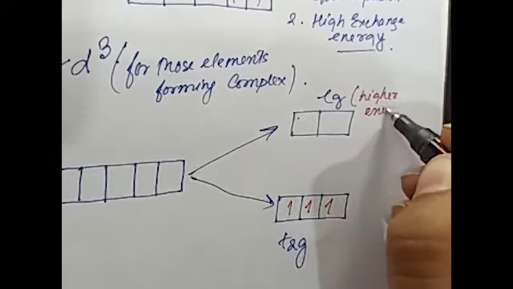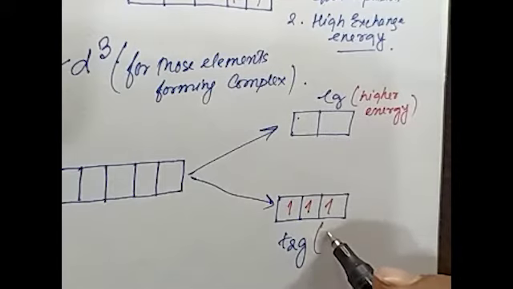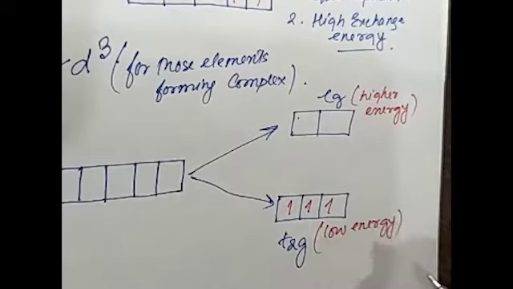Okay, so why is the EG above? Because it is having more energy, and T2G is having lower energy, that's why it is below. And the lower the energy, the more stable the thing will be. Okay, so look, what is this configuration?